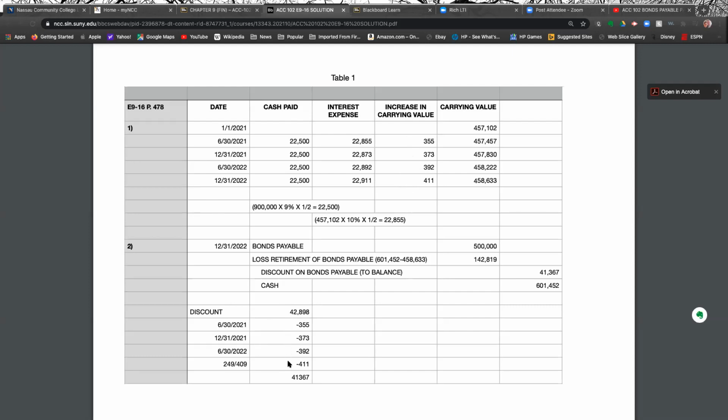By the time the bonds get paid off, at the end of 20 years in this problem, what should the balance in the discount account be? It'll be zero, right? If I wait the full 20 years, this eventually goes away. Okay, but that's not what happened here.